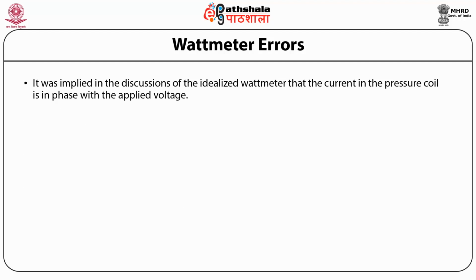It was implied in the discussions of the idealized wattmeter that the current in the pressure coil is in phase with the applied voltage.